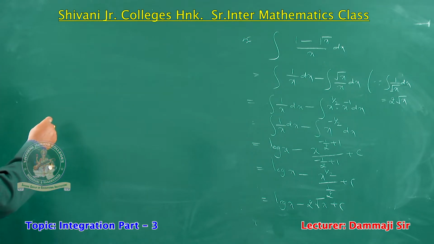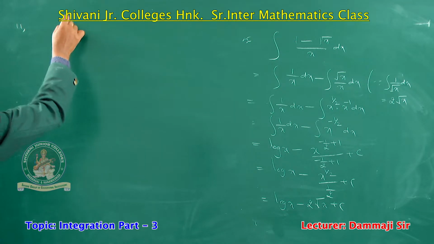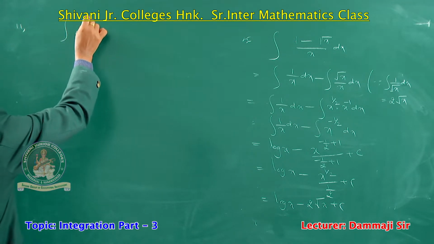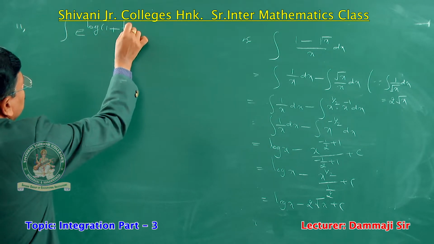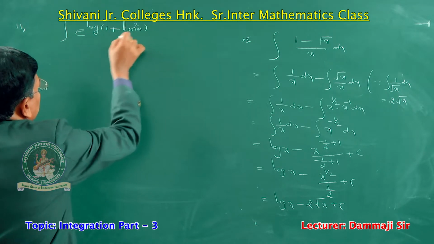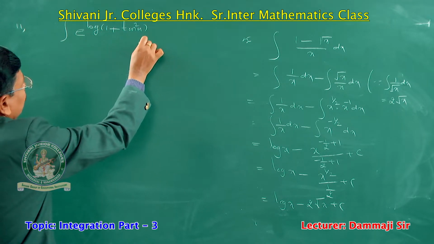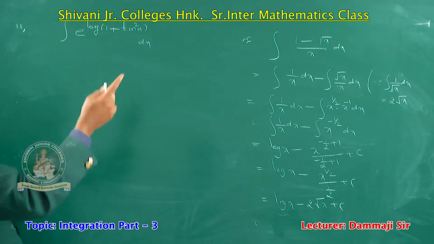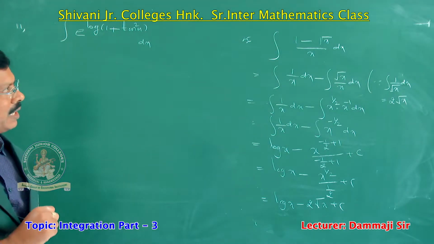One of the problems, like the 11th one, is the integral of e power log of 1 plus tan square x to the base e, though we should not mention that base e. What about the previous problems? They belong to the algebraic process.